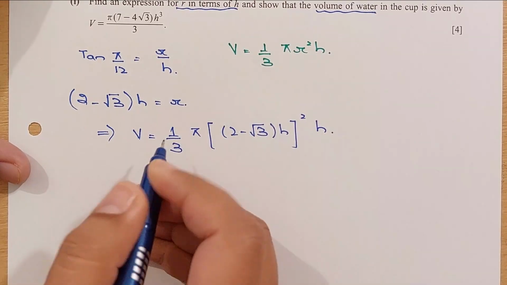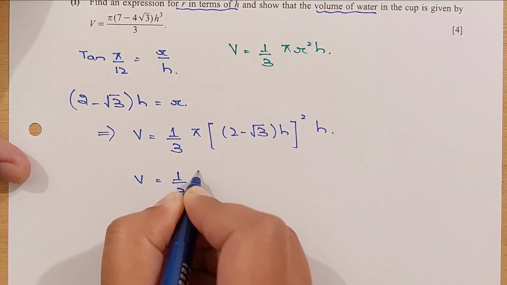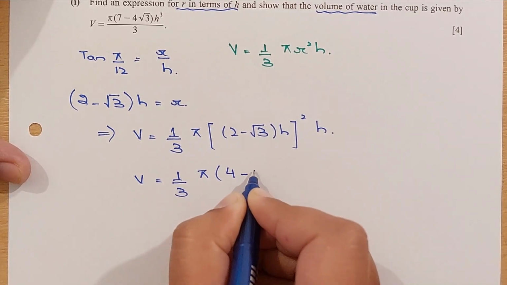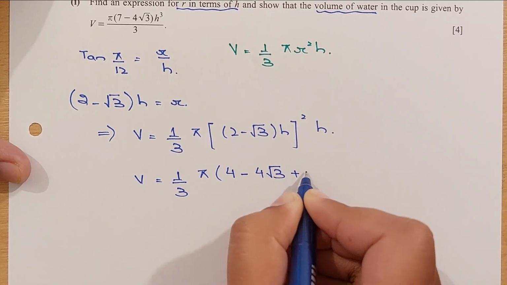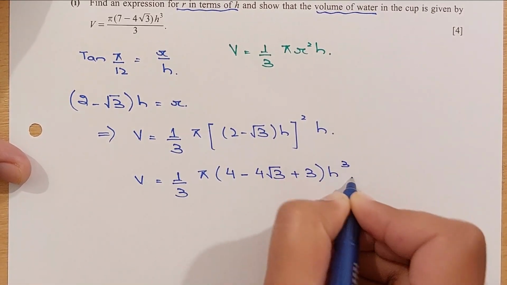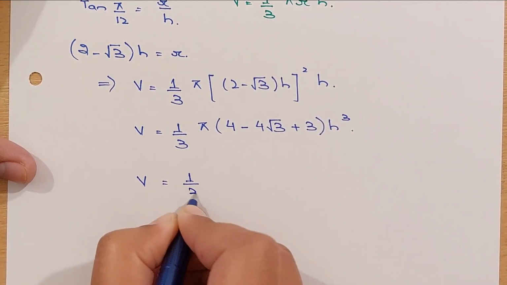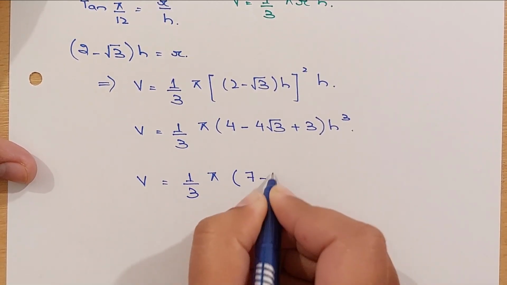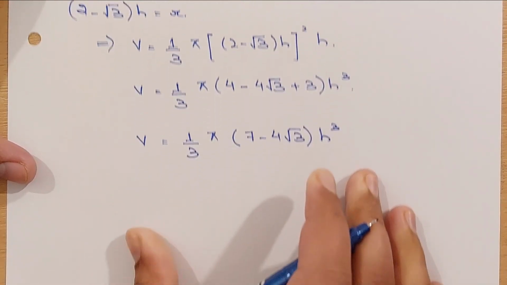Right. Now let me simplify. We have V equals 1 by 3 pi. 2 squared is 4, minus 2 times 2 is 4 square root of 3, and plus square root of 3 squared is just 3, and H squared times H is H cubed. Simplifying further, V equals 1 by 3 pi, 4 plus 3 is 7, minus 4 square root of 3, H cubed.